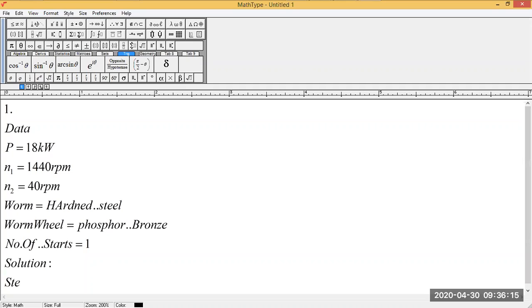Step 1 is the weaker member, right? To find the weaker member. So in case of worm and worm wheel arrangement, there is only one gear to design, as I told you.